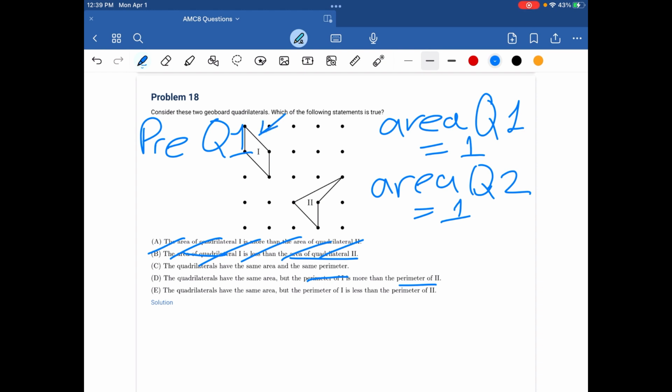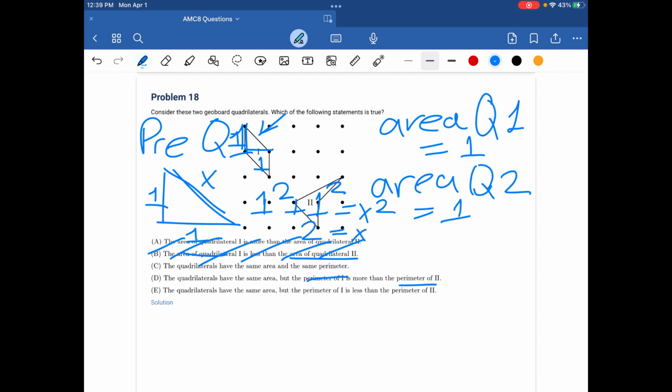We can find the two legs, which are just 1 in both. So let me just recreate it over here. 1 and 1, and this is what we want to find, so I'll call this x. So 1 squared plus 1 squared is equal to x squared. We get 2 equals x squared, and then x is equal to the square root of 2.